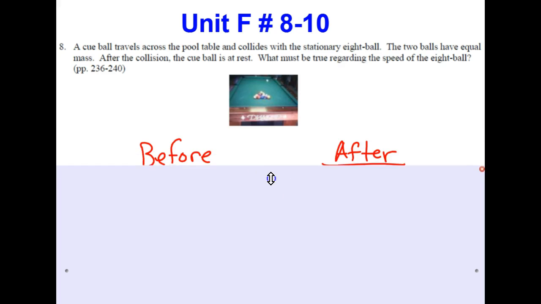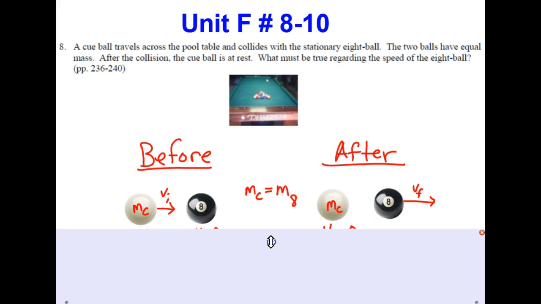We start with a before and after diagram of our situation. Before the collision, we have the mass of the cue ball that has initial velocity VI as labeled in the diagram, and our 8 ball has an initial velocity of 0. It was stationary as mentioned in our problem description.